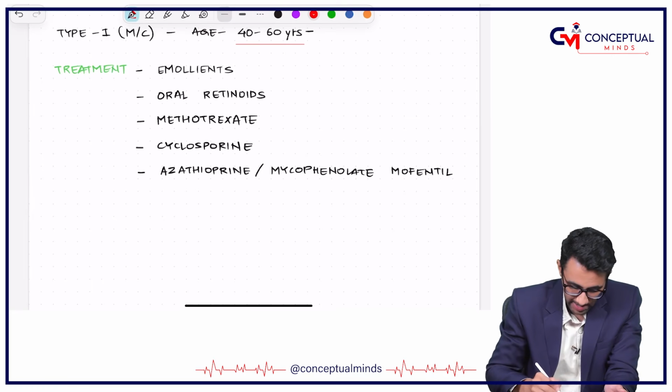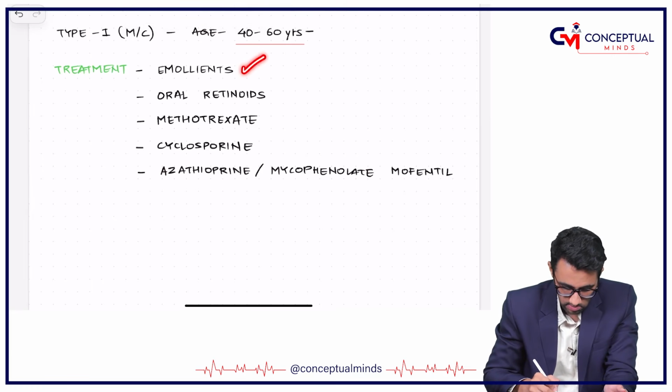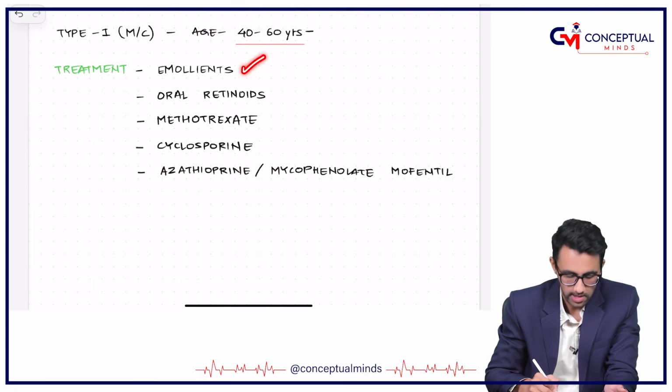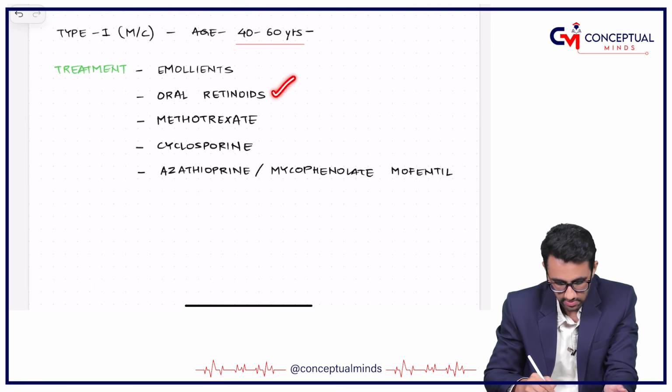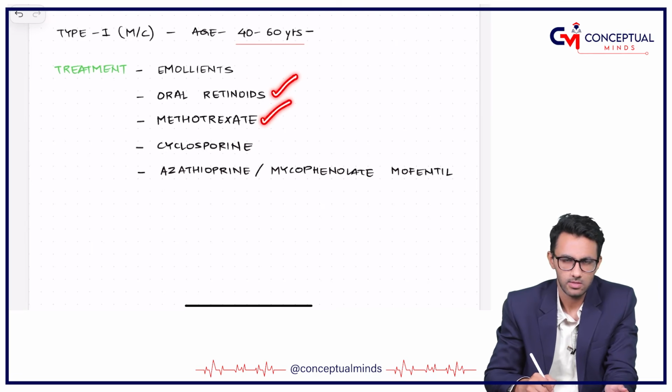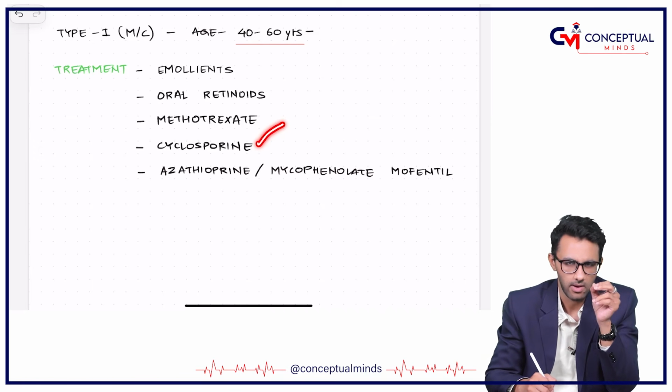Emollients, to manage the moisture of the skin, we will use emollients. Oral retinoids we will use, isotretinoin. Methotrexate to control the lesions, very effective. Cyclosporin, I hope you can remember it now. Earlier we discussed this two times already, right?